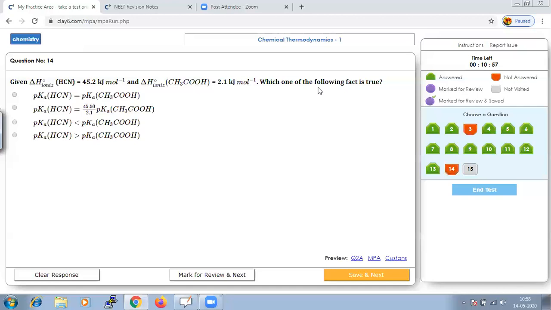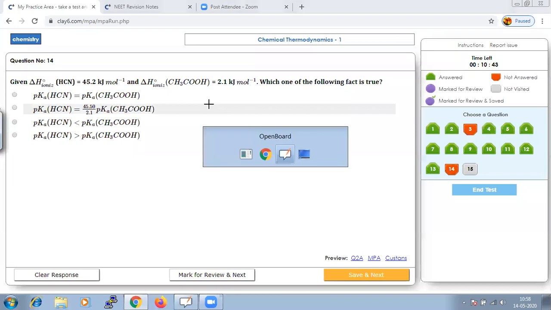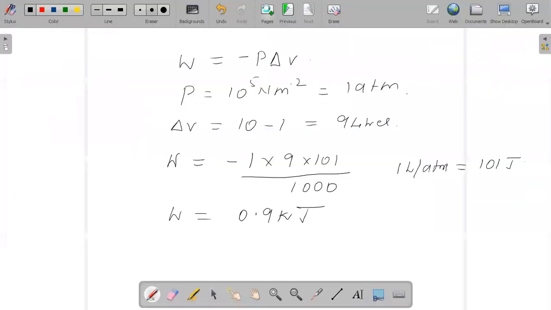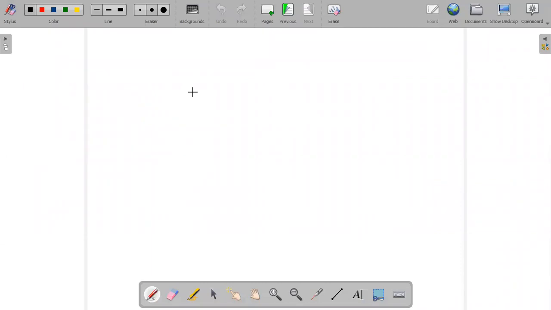So as we discussed, we have one acid. They have given us the ionization value for two different acids. So we should remember, it is a hint to solve such type of question, that always remember, smaller the value of pKa, stronger will be the acid.